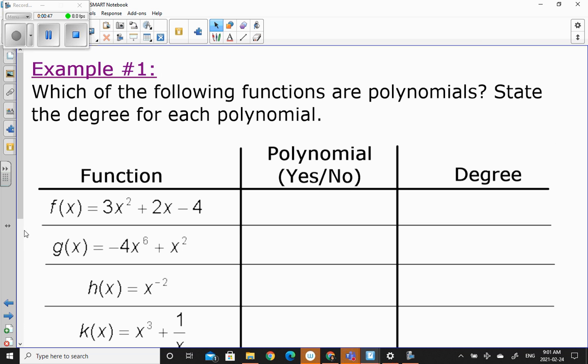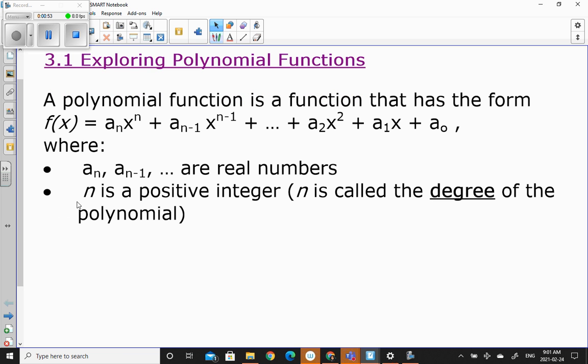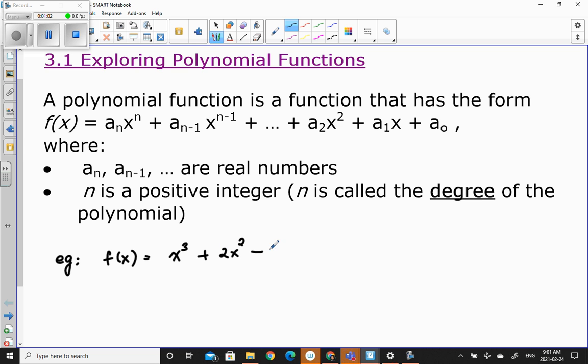So let's take an example. Actually, before I do that, let me just give you some examples. For example, if you had a polynomial f of x equals x cubed plus 2x squared minus x minus 1, you can see that this polynomial has 4 terms, and the degree is 3 because that's the degree of the term that has the highest exponent value.